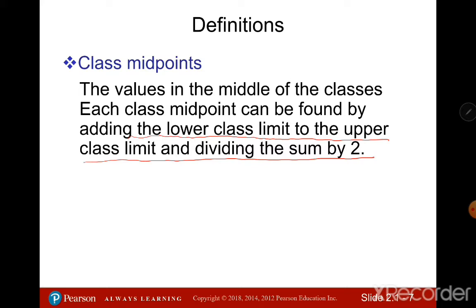So if we go back to the first class of our example, we already know 75 is our lower limit and 124 is our upper limit. We need to get the sum of these two limits, then divide the sum by 2, so we can get the class midpoint.